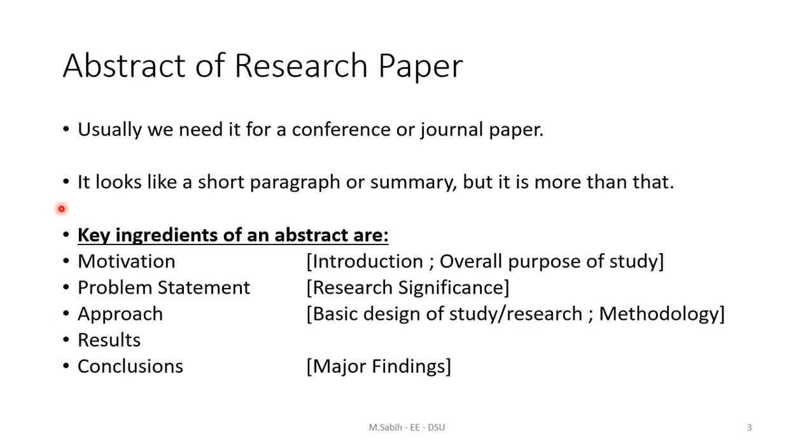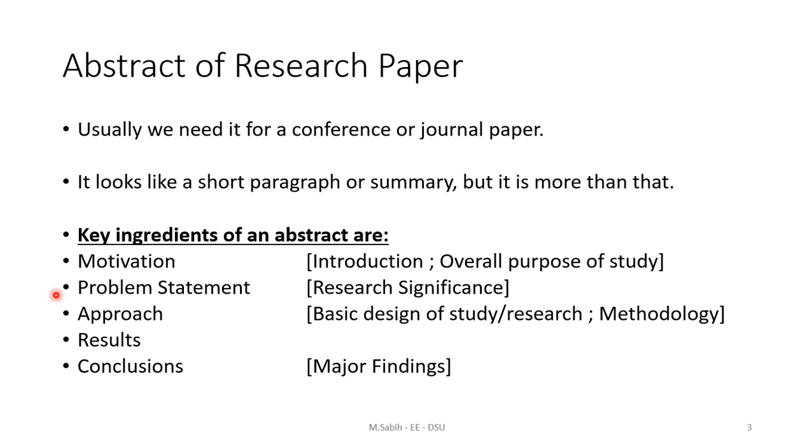So as a recap, एक abstract जो भी research paper का होता है, it's not just like a summary, और इसमें हर एक sentence has a proper meaning or is conveying some information. For example, the motivation, the one liner or two lines of motivation, are conveying the purpose of the study या introduction बताती हैं.